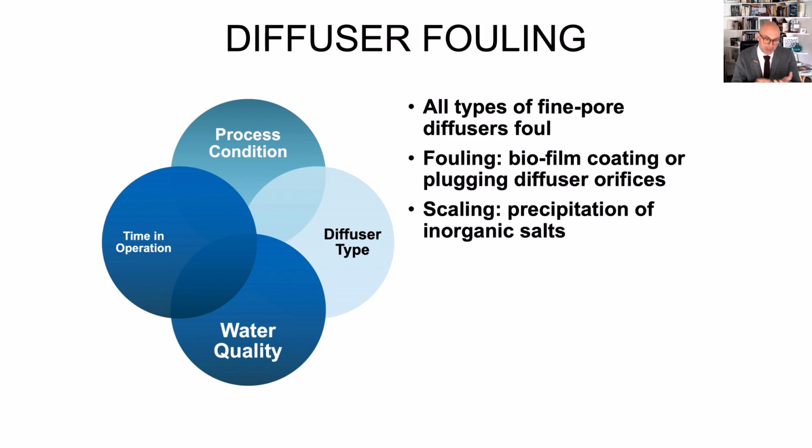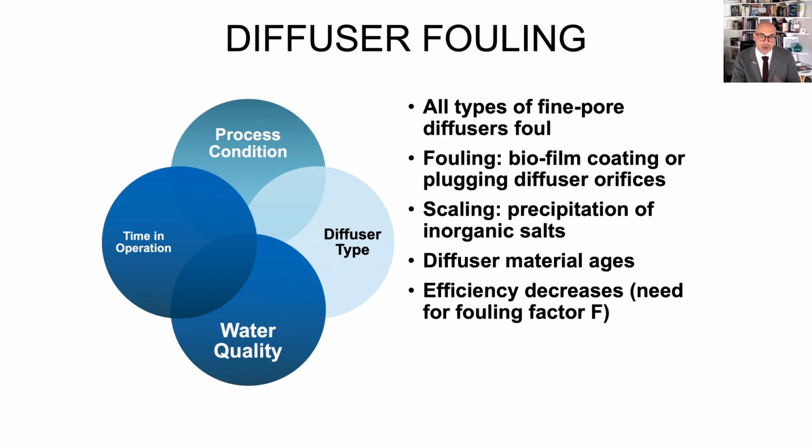So there is fouling and scaling, but at the same time, this happens particularly for membranes that are elastic. With time, the diffuser's material ages and the membrane becomes stiffer, they elongate, the pores may become stiffer, they don't open at larger airflows and they don't close at lower airflows. A lot of aging occurs in materials over time. And so the combination of all of this produces a degradation of efficiency.